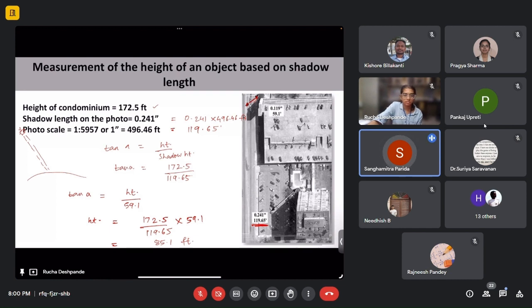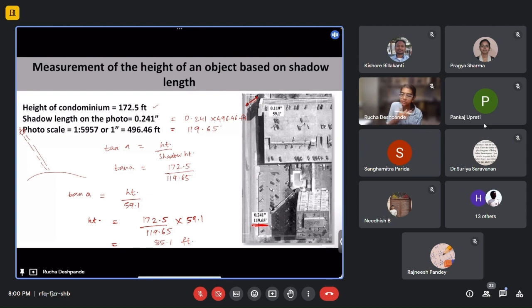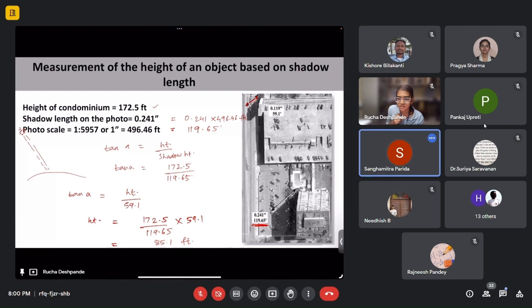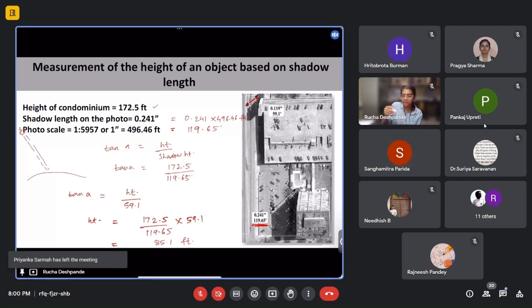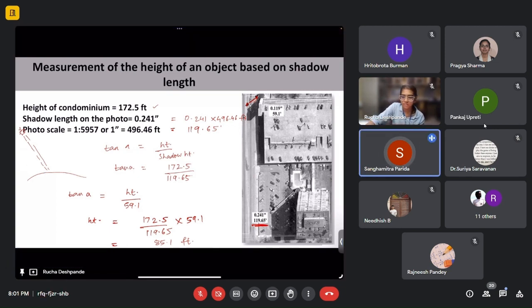And can you tell me what the various atmospheric errors are? We just discussed atmospheric errors, right? We had the scattering effect, and then there was path irradiance, and then there was the transmissivity effect and all.